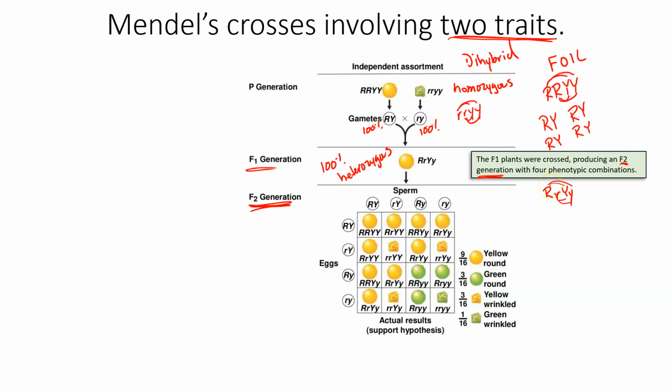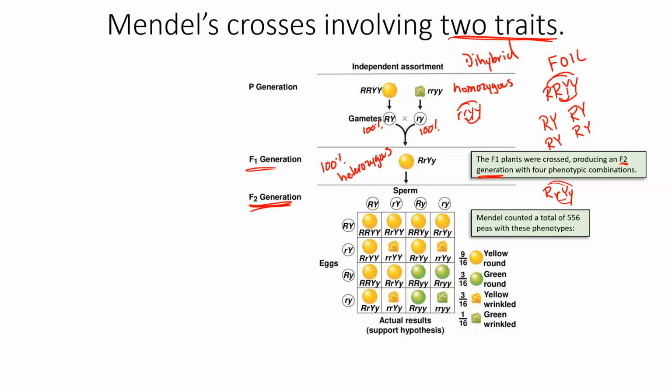They will be big R, big Y as our first sperm cell, big R, little y as our second, little r, big Y as our third, and little r, little y as our fourth. If we do the same thing with the egg cell, you'll notice that you get the exact same 4 options. And when you put them in a Punnett square, you will get 4 along the top and 4 along the side, giving us a 16-box Punnett square, which in this case is going to give us a 9:3:3:1 ratio.